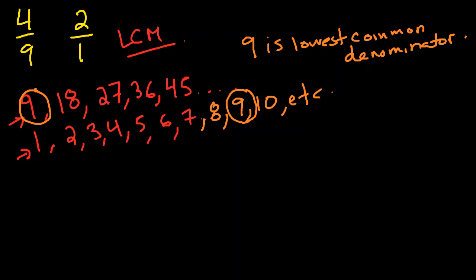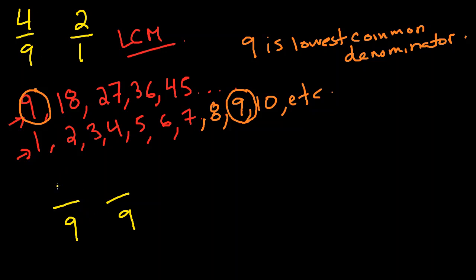From here, we can rewrite our fractions in terms of the lowest common denominator. Basically, when we find the lowest common denominator, we have to write both fractions with the lowest common denominator. Our lowest common denominator is 9. So we have to write 4/9 and 2/1 as both fractions over 9.